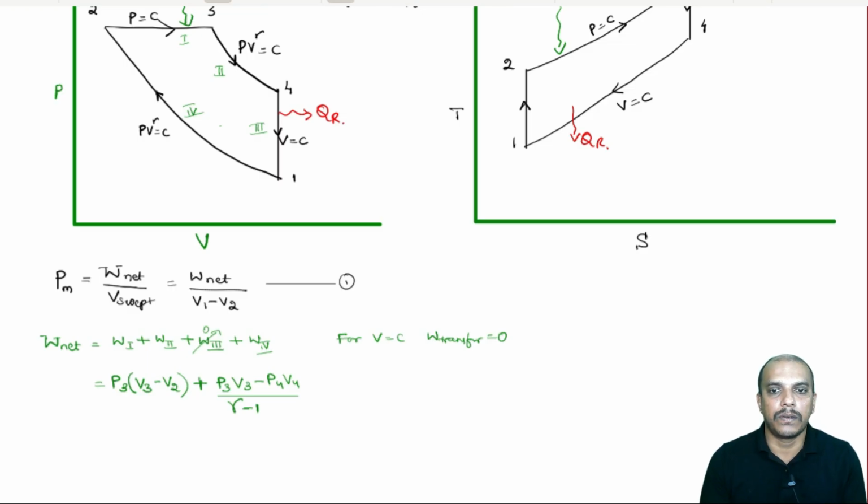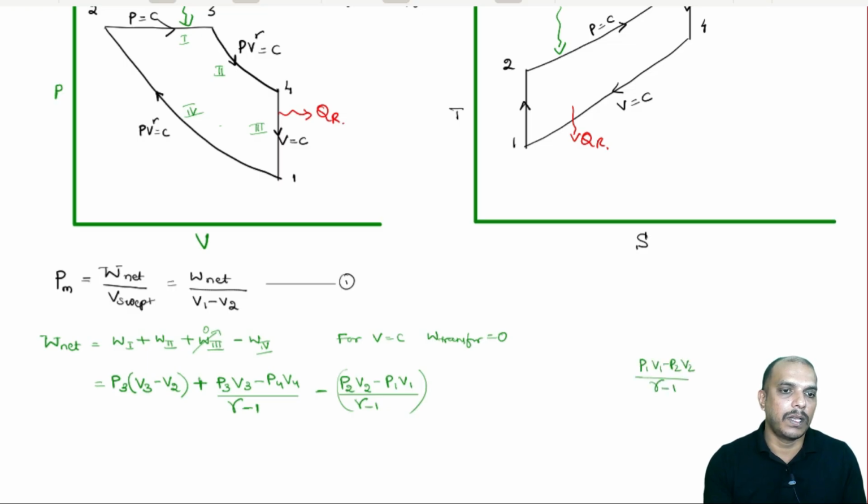Since I am already using the negative term, I must substitute the inside term as positive, so it will be P2 V2 minus P1 V1 by gamma minus 1, and not P1 V1 minus P2 V2 by gamma minus 1.